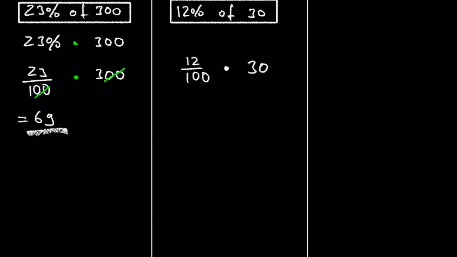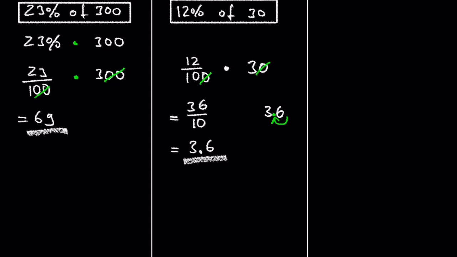And after cancelling out the 0, we get 12 times 3, which is 36 over 10. Dividing by 10 means we have to shift the decimal point one place to the left. So 12% of 30 is 3.6.